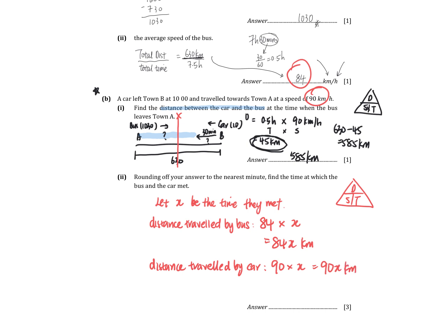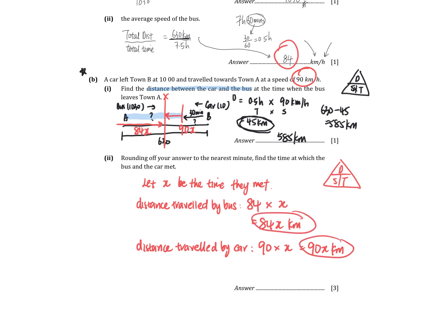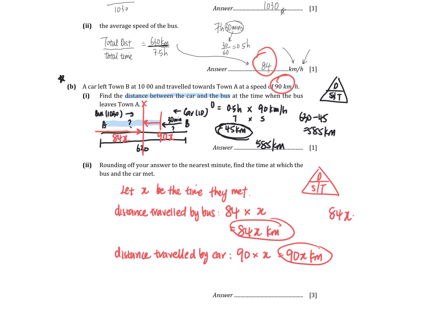So this bus traveled 84x kilometers. This car traveled 90x kilometers. What can I tell about their total? Sorry, he started moving from here. So what can I say about their total, these two? Other than they add up to 174x, they should be equal to what distance? This one.